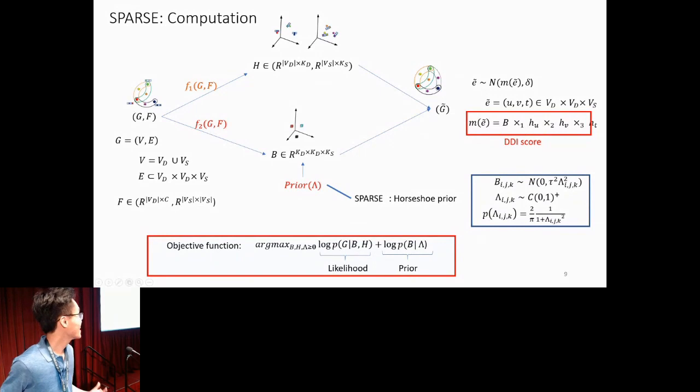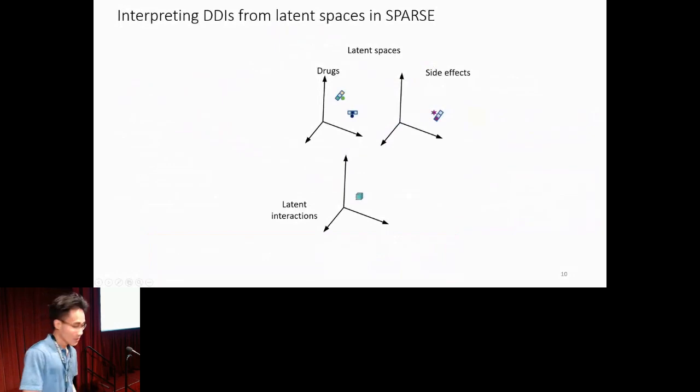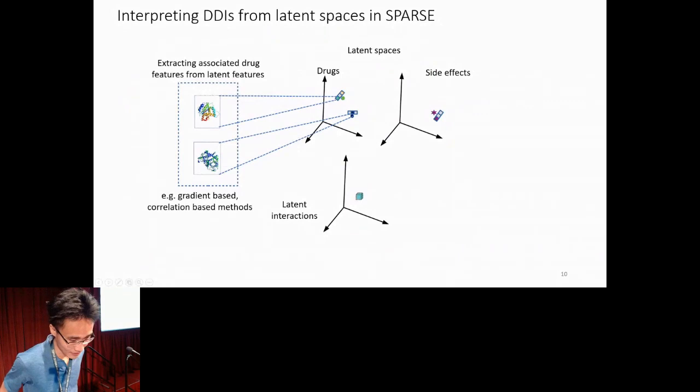So how can we interpret the predicted drug interaction from the SPARSE model? We focus on the latent space with the drug latent representation and side effect latent representation. Furthermore, from the latent representation of drugs, we would like to extract associated drug features from the latent space. We simply use gradient-based or correlation-based methods. What's the idea of these methods?